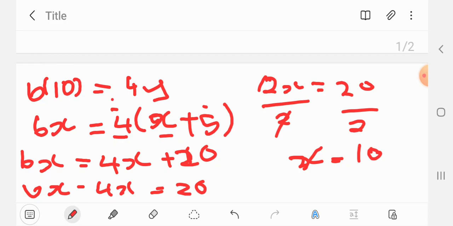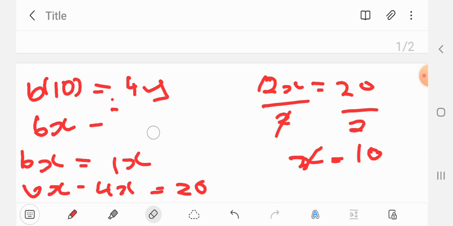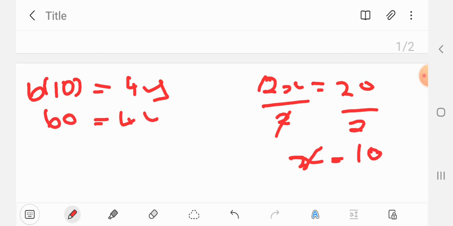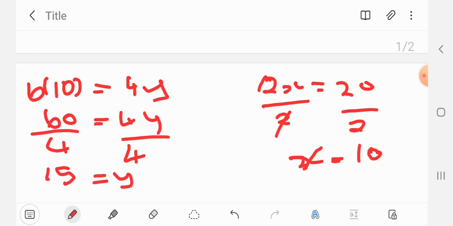So I hope you wrote this step down because I'm going to erase it. Now we will have 6 times the 10, that will be 60 equals 4y. We'll divide by 4 on both sides, and 15 equals y.